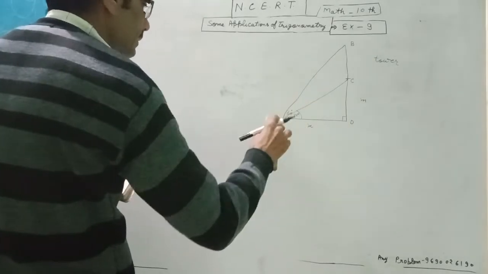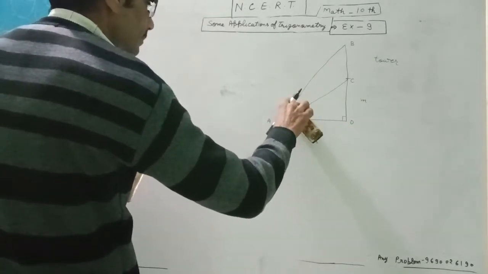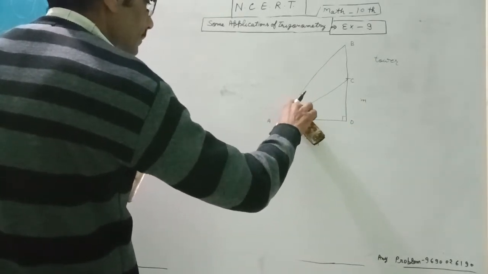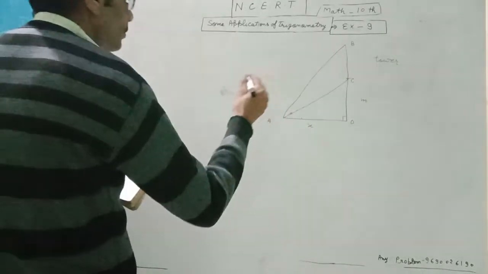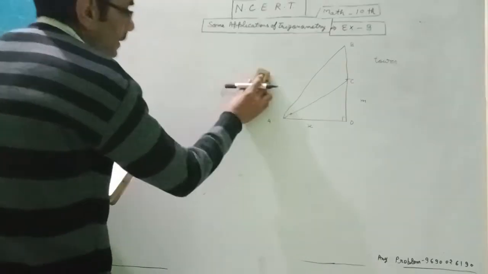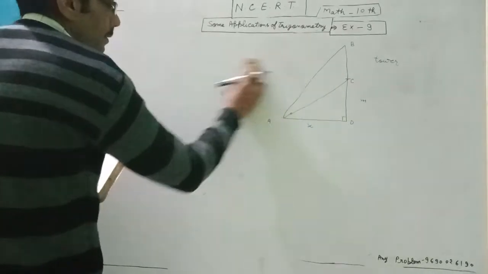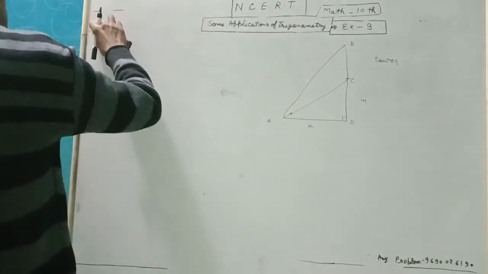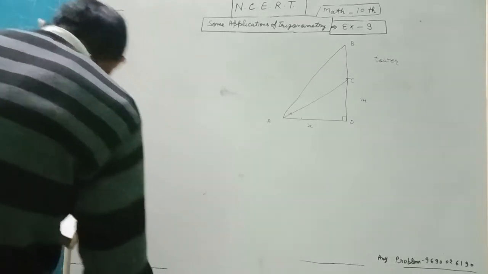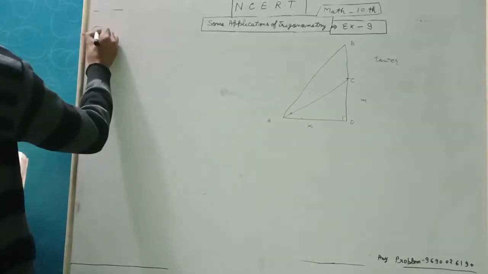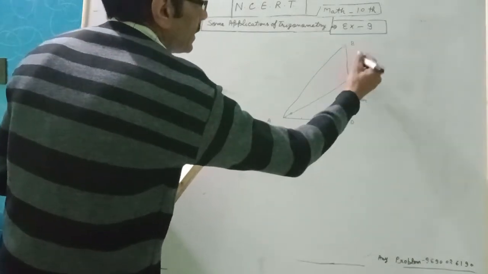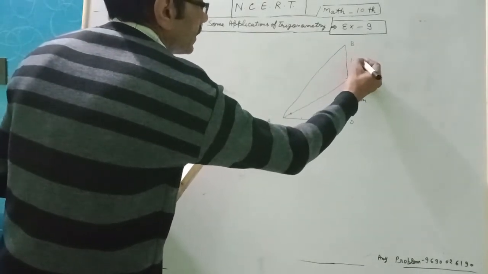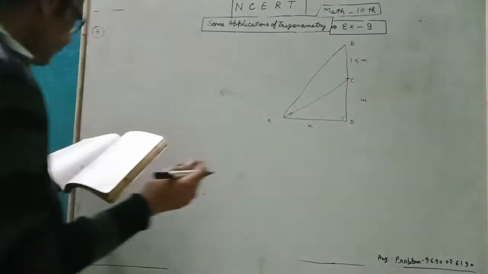This time it is another question. The statue height is 1.6 meter, BC.